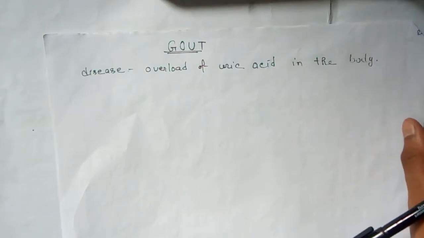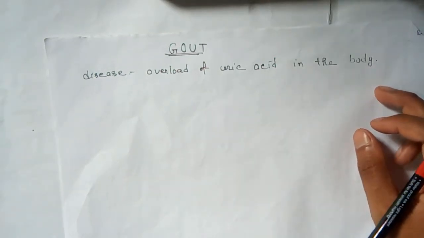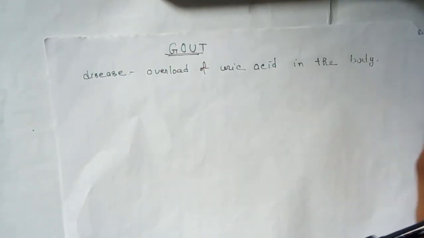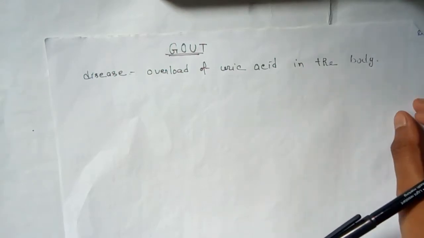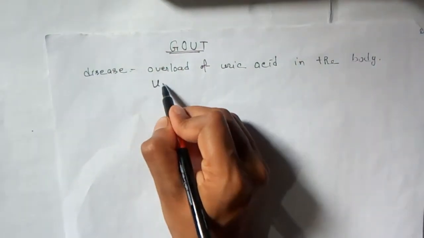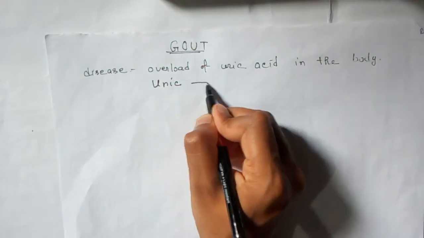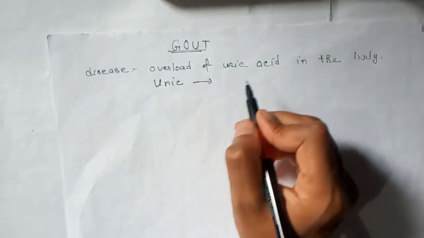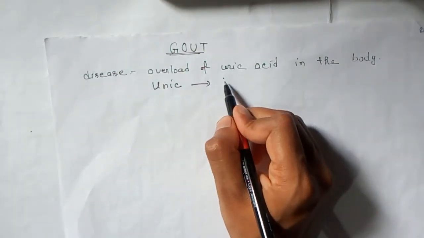This overload of uric acid leads to the formation of tiny crystals of urate that deposit in the tissues of the body.